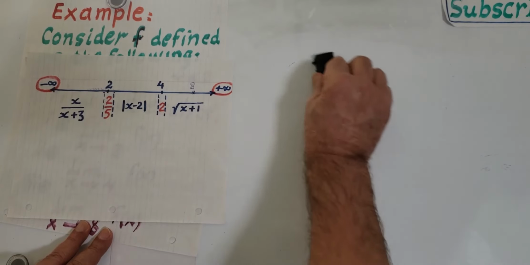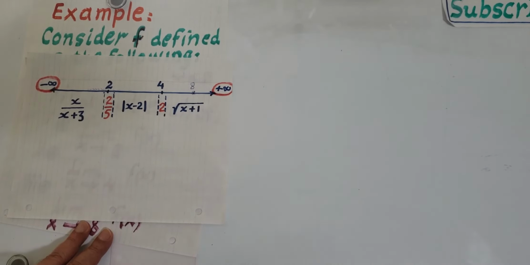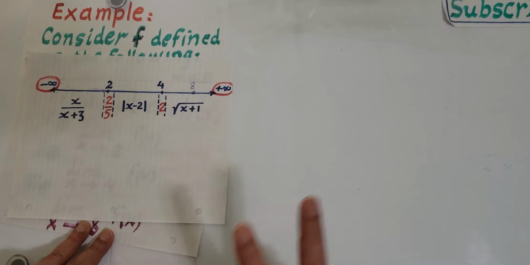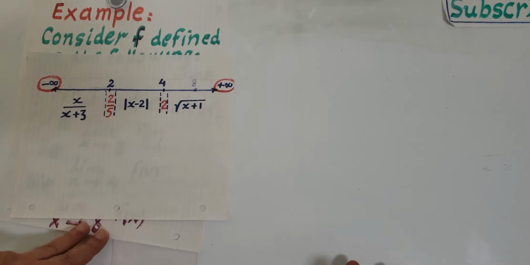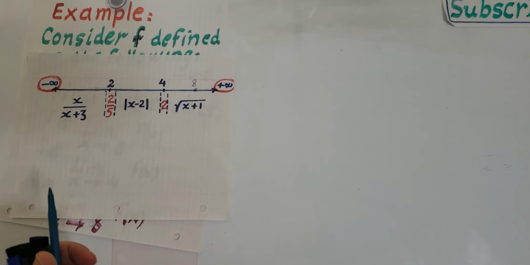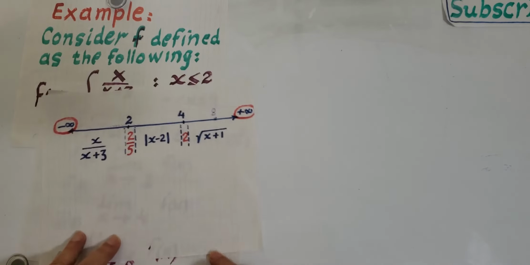We discuss the limit from right and left when the equation changes around the number. But if it's not changed, we don't need to discuss from right and left.